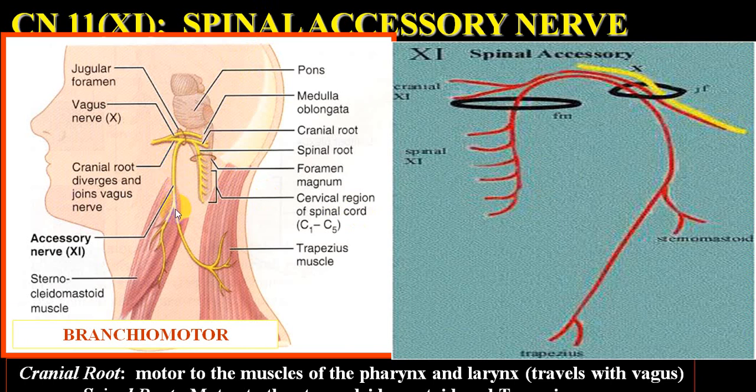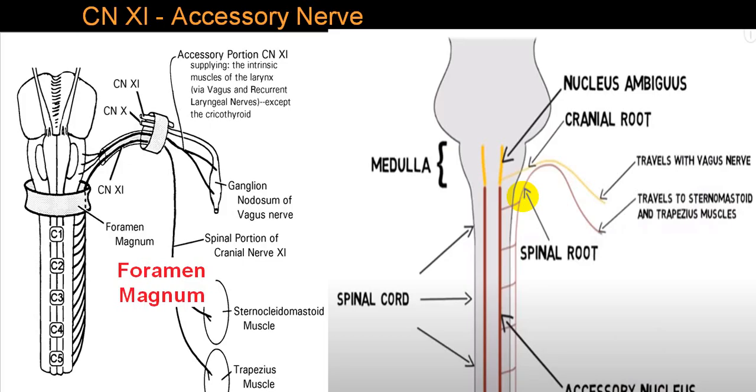It will first supply sternocleidomastoid, and after supplying sternocleidomastoid, then it will supply trapezius muscle. So cranial root is motor to the muscles of pharynx and larynx, which travels with the vagus nerve, and spinal root will supply sternocleidomastoid and trapezius. So this cranial nerve root is giving nerve supply to pharyngeal muscle as well as laryngeal muscle, and it is traveling along with vagus nerve. We are not dealing with that particular part.